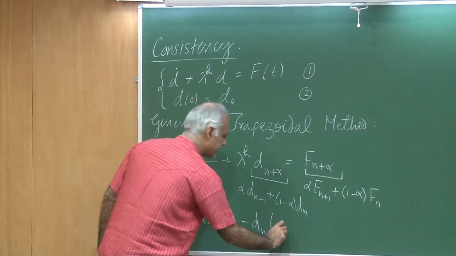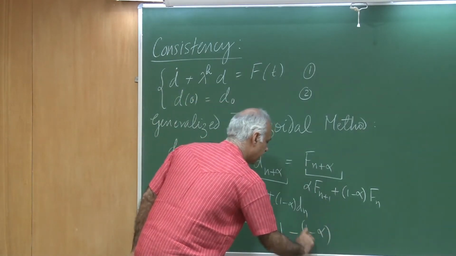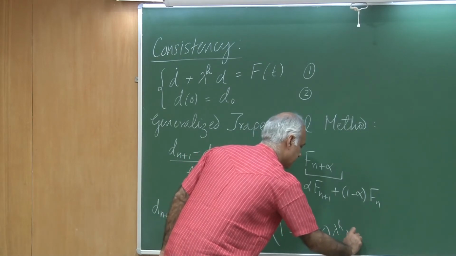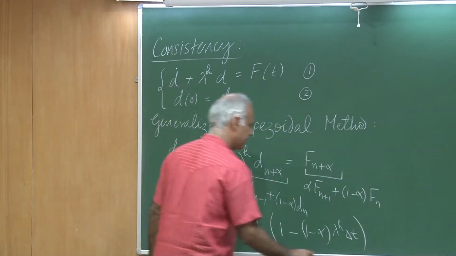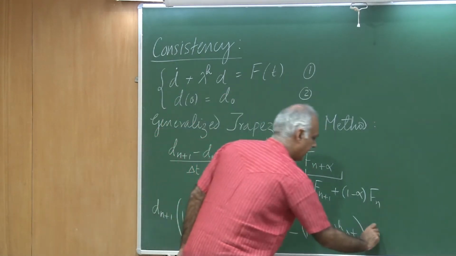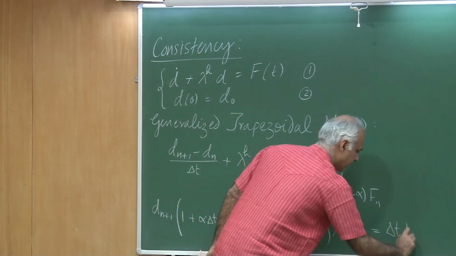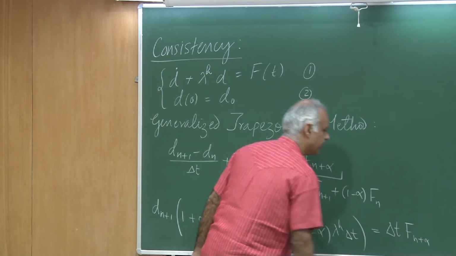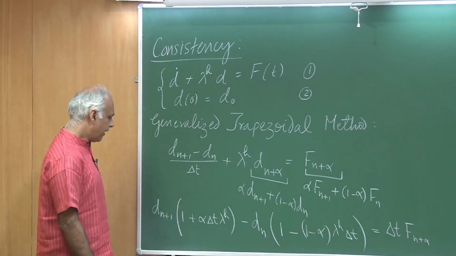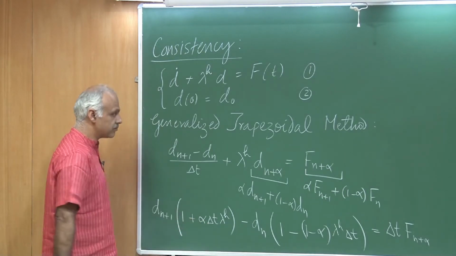So, there would be a 1 here and minus 1 minus alpha lambda h delta t times dn, and this is going to be a delta t times f n plus alpha. So, I am going to leave it as is, and now I can divide the whole equation by this coefficient here of dn plus 1.